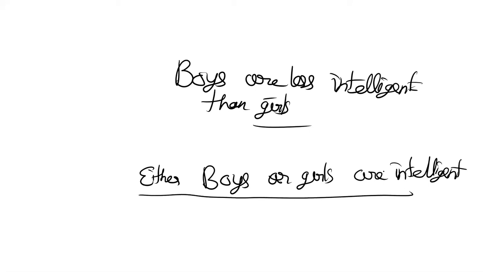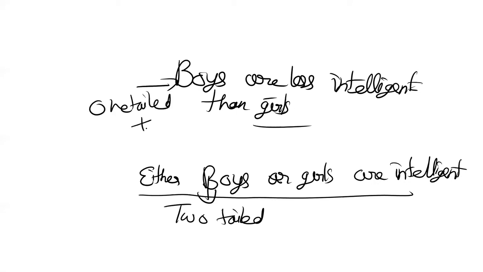Here you have no direction, so this will be your two-tail test, because no direction is mentioned. But here one direction is mentioned, so it will be a one-tail test. Here you have two directions: either you can go this side or this side, so it is a two-tail test.